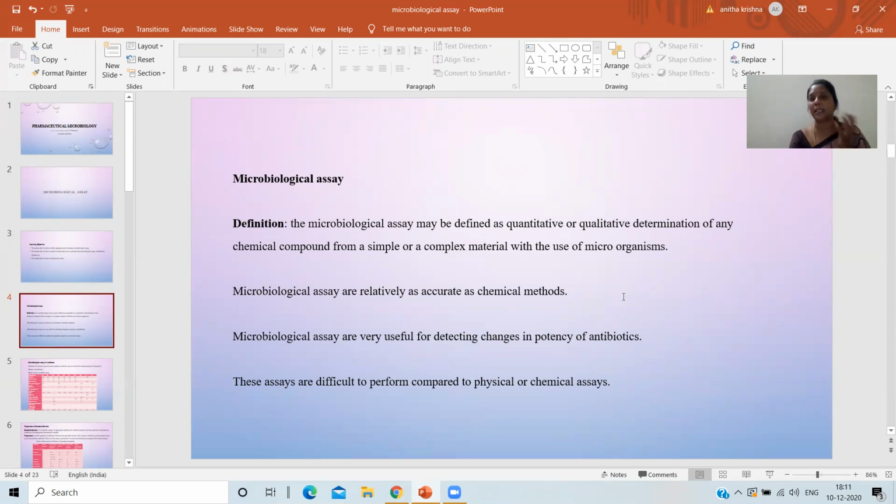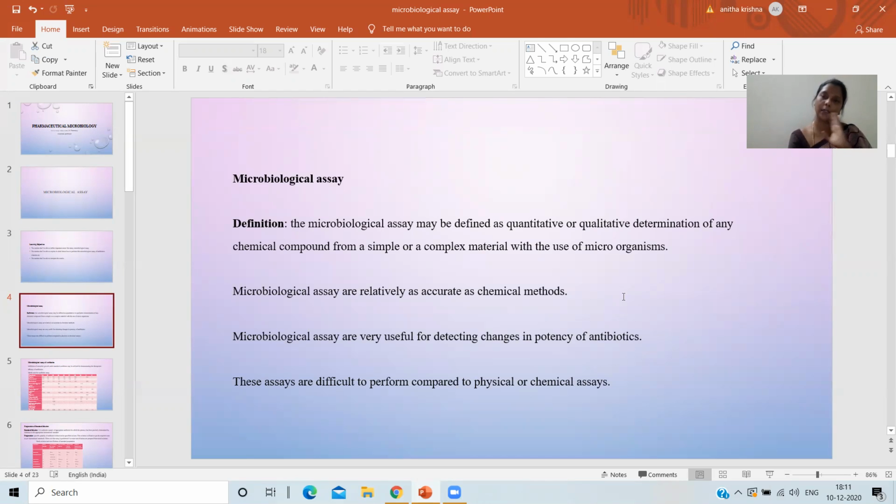They can be performed in lesser space, the time required is less, the labor required is less, and the material required is less. So compared to biological assays, microbiological assays are more advantageous, and they are very useful in detecting changes in the potency of the antibiotic. So these are the advantages.